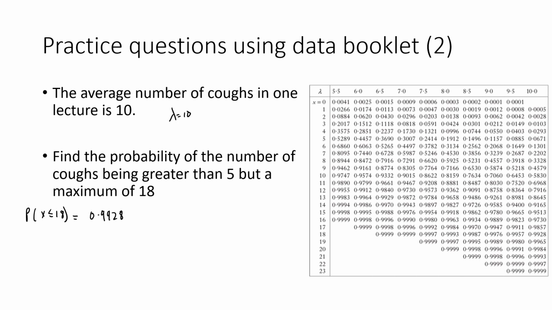So this is the number of coughs being at most 18 and ranging all the way down to 0. But we want to find the number of coughs between 5 and 18, so being greater than 5. That means we have to find the probability of x being 5 or less. Using the table, that is 0.0671.